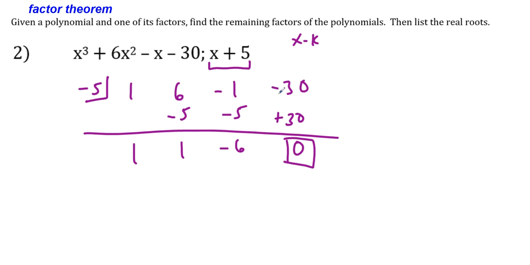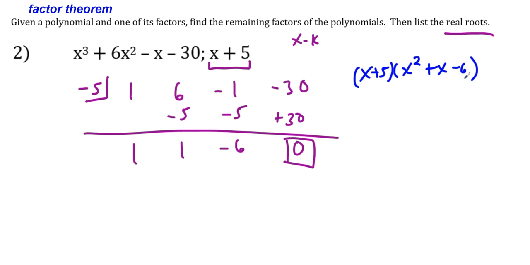Okay? Now it says list real roots. So what we want to do is, well, basically we have x plus 5 as one of our factors. And then we're going to have, remember, this is a cubic, so this is going to be x squared. So we're going to have x squared plus x minus 6 as our other factor. This is factorable. So what times what is equal to negative 6 when added together gives you a positive 1?